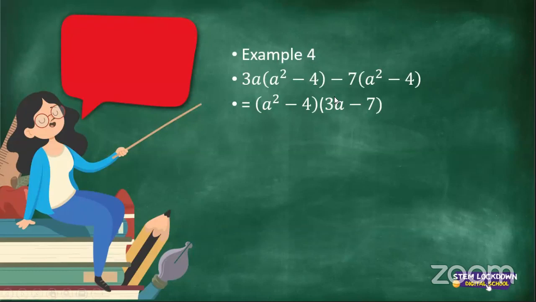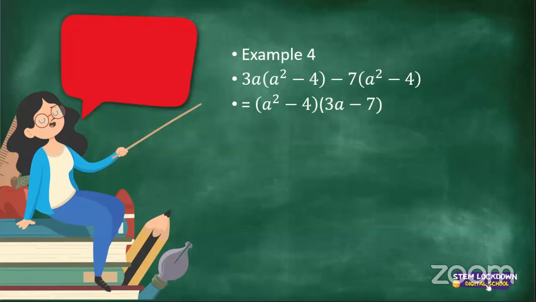But then again, I've said to you, you can actually factorize this even further. Because if you look at the previous example of the difference of two squares, you also have the difference of two squares here in the form of a squared minus 4, because 4 is the same as 2 squared. Therefore, a squared minus 4 will be the same as a squared minus 2 squared.